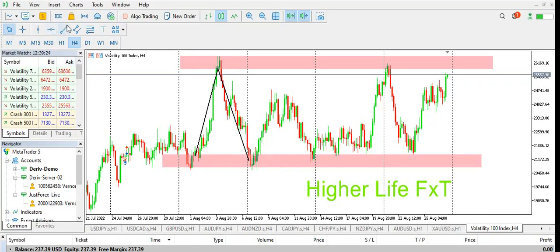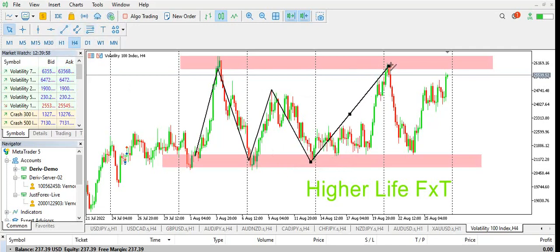Drawing your support and resistance helps you to see where the price might reverse, the high probability reversal areas.